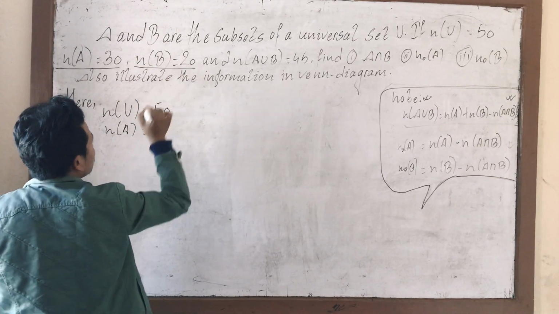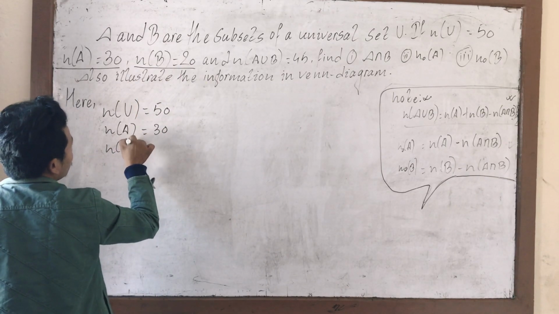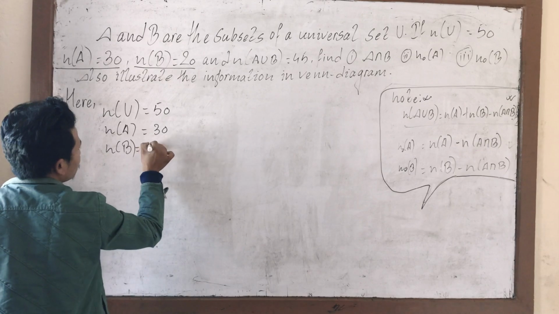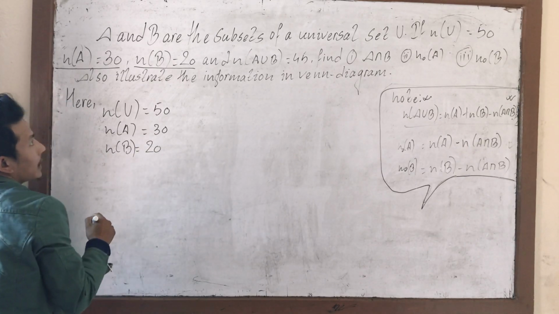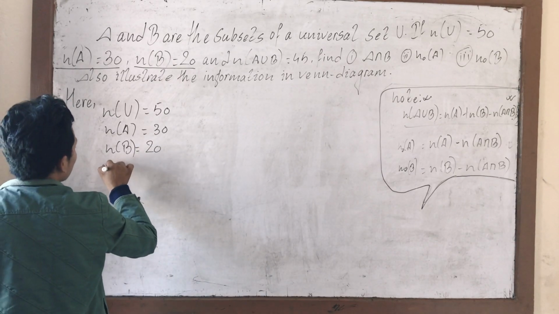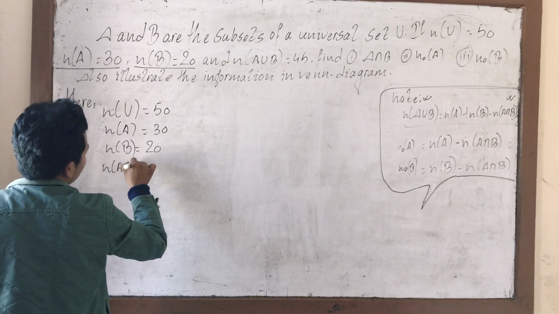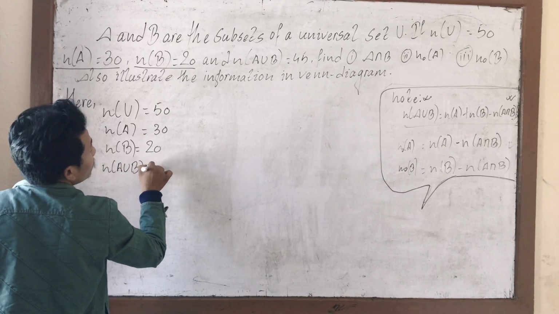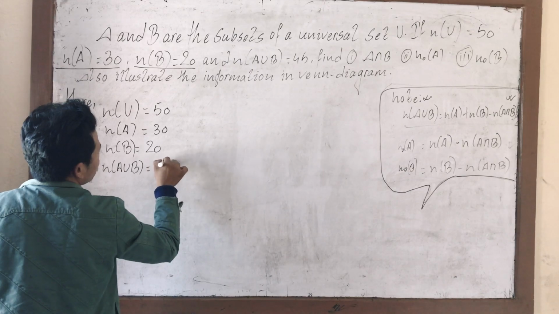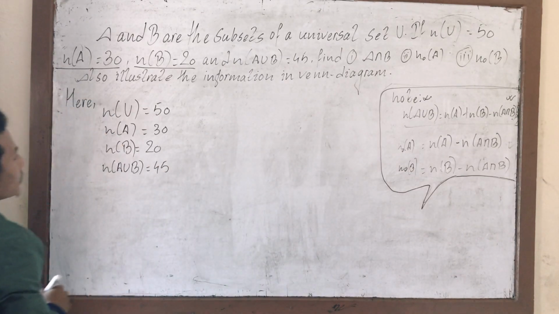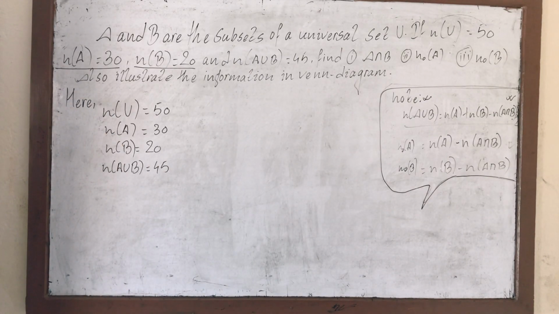Then after number of B equals to 20 and number of A union B equals to 45. These are the things that the question has given to us, so that we can find out A intersection B and number of A only and number of B only from the given things.